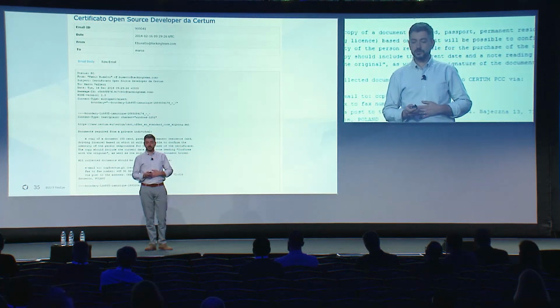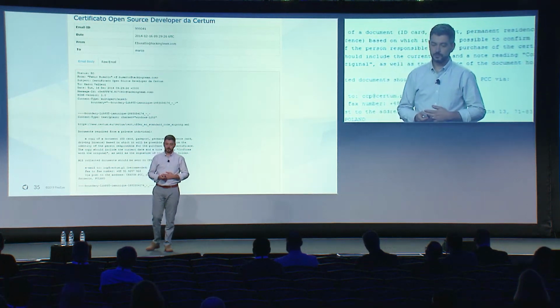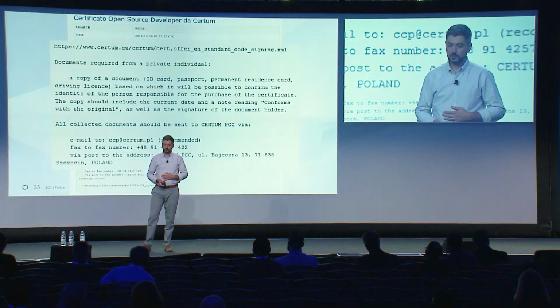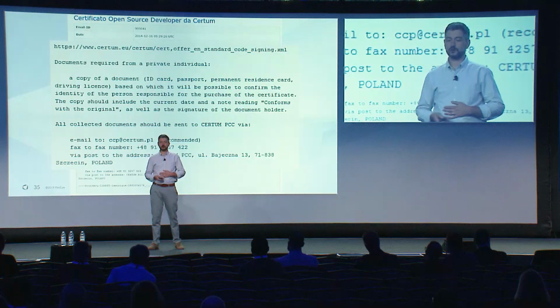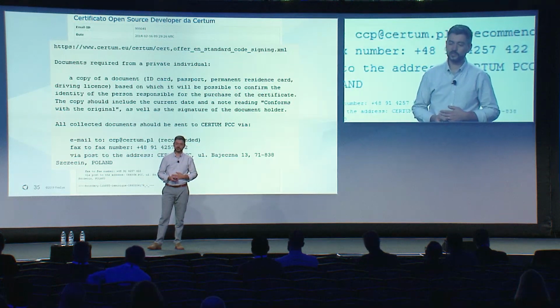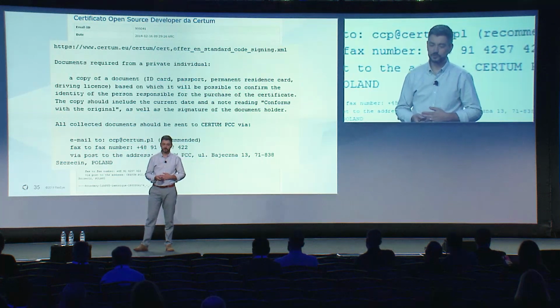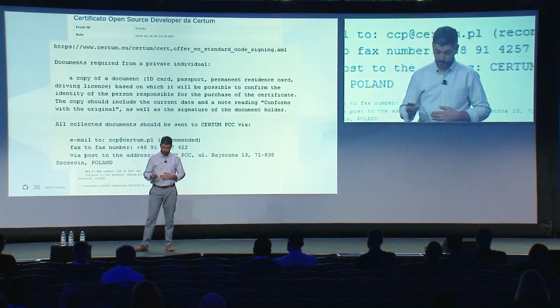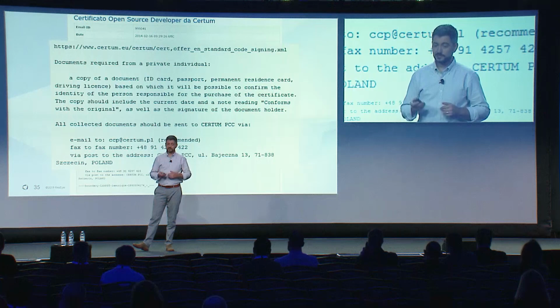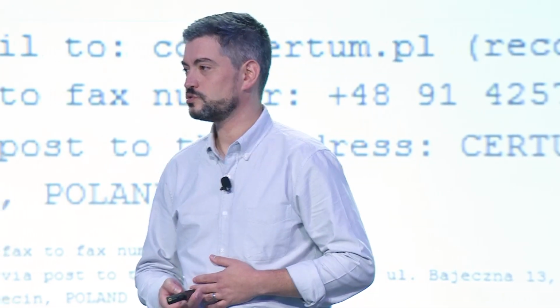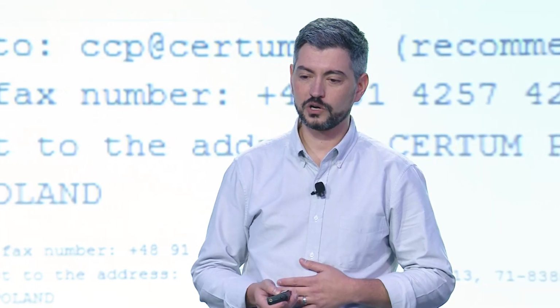And here's the email with CERTM talking about buying some certificates, where they list the documents that are needed. So CERTM wants an ID card, driver's license, to confirm the identity of whoever's going in for the certificate. Obviously, if it's a photocopy being sent, that's not the hardest thing in the world to make look like whatever you want it to look like.